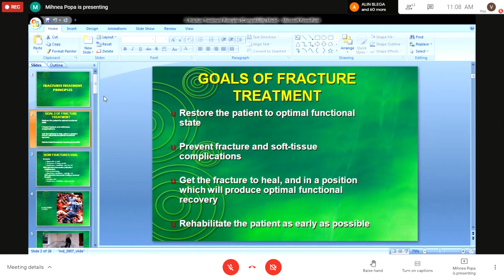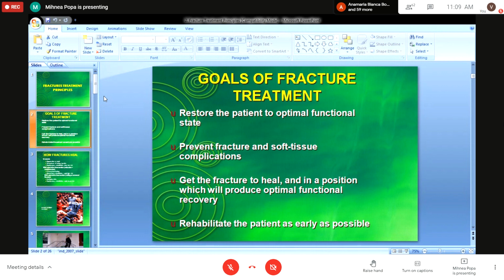What are our goals for today, and what are the goals of treating fractures? Of course, the first and most important one is to restore the patient to optimal functional state. So a patient comes to us, he has a fracture, he cannot move his upper limb, and we will operate on him or maybe just immobilize him in a cast until his recovery.